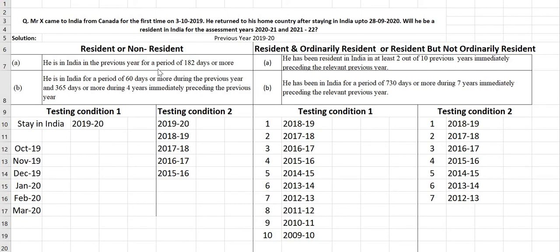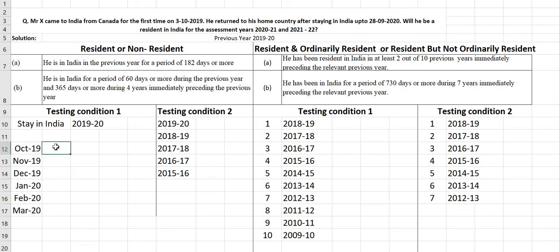So let's see in this case, since we have to calculate for assessment year 2021-22, first of all let's calculate for the previous year 2019-20. Mr. X came to India on 3rd October. As you all know, our financial year starts from April till March. So he will be in India in October 19, November 19, December 19, January 20, February 20 and March 20.